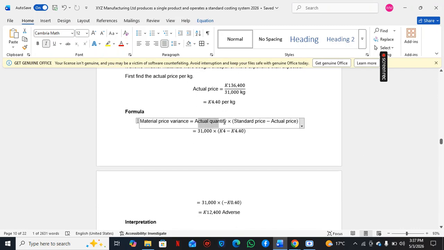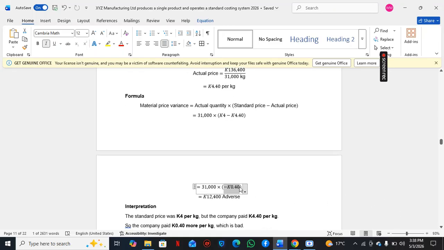The actual quantity is 31,000 kg. So you're going to say 31,000 multiplied by 4 minus 4 kwacha 14 ngwe. Okay, so 31,000 multiplied by negative 0.14 because 4 minus 4 kwacha 14 ngwe gives you negative 0.14.